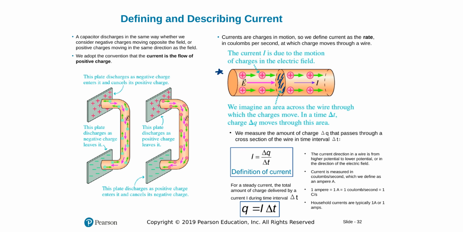And when I put this in mathematical equations, if I look at the total charges passing through a cross-section area and divide it by the time it takes for them to pass, that's the definition of my current, charge per unit time. Simple as that. If I know my current and time, I can also find the total number of charges passing through a cross-section area.